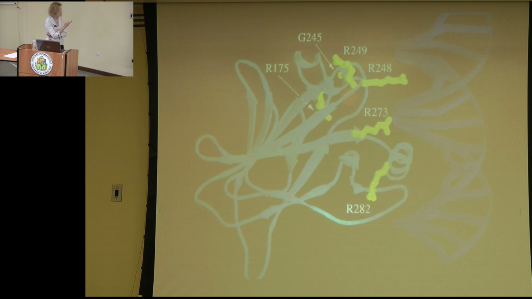So what do we know about p53 and where mutations are most likely to occur? This is from the cover of Science back in the early 1990s, and this was part of the crystalline structure of the protein. And what this picture shows are the amino acids that were most commonly altered in tumors.